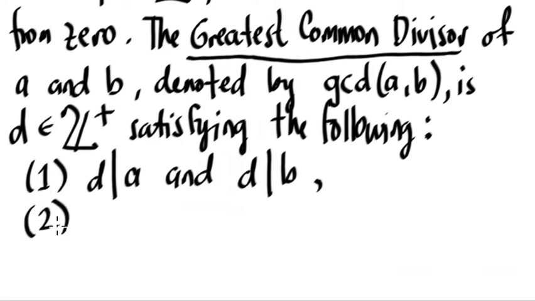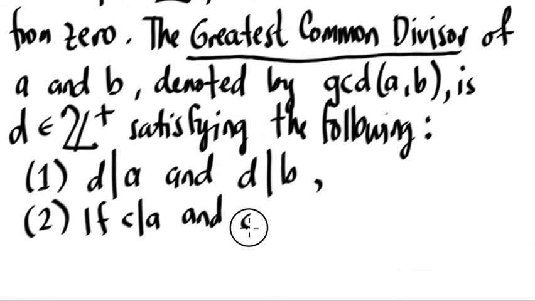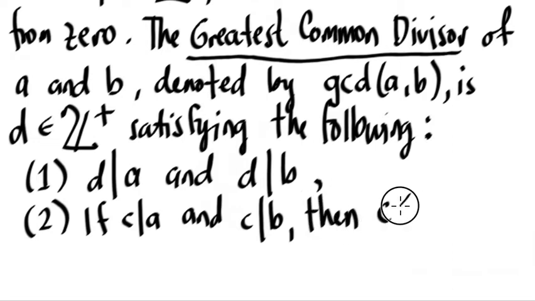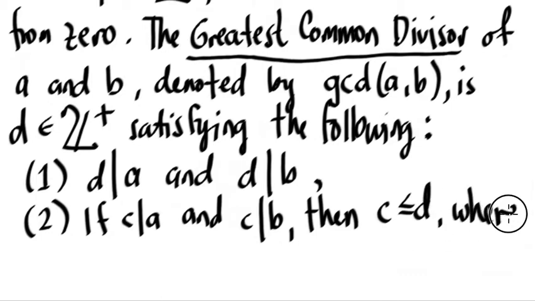Second condition: if there's a certain c that divides a, and the same c also divides b, then this c is less than or equal to d, where c is also a positive integer.